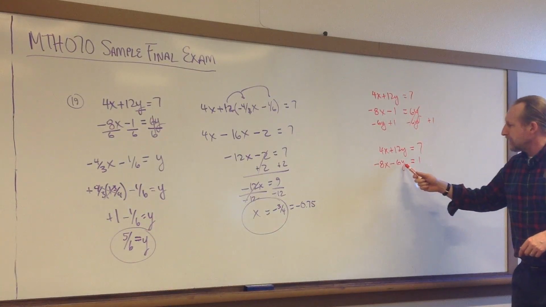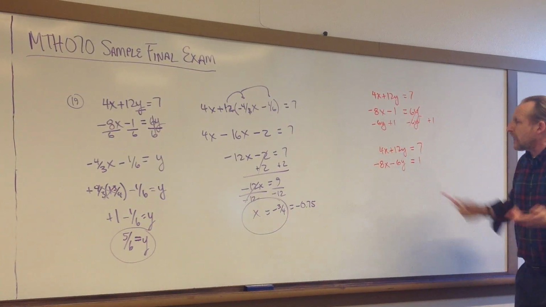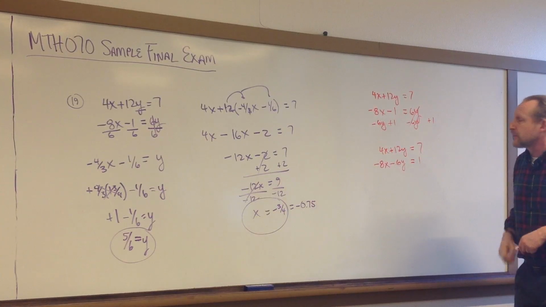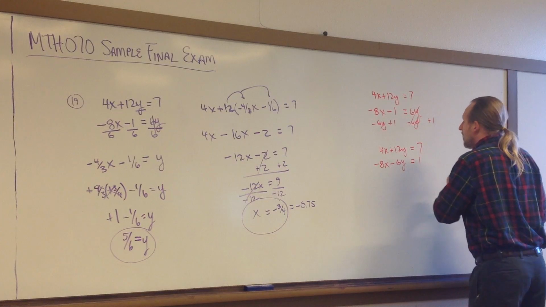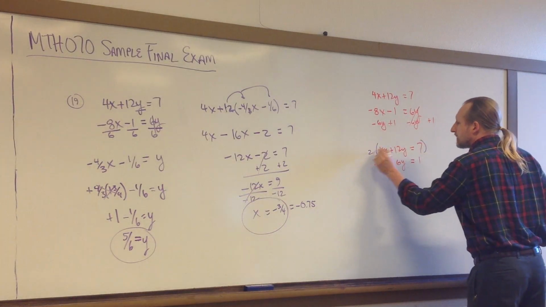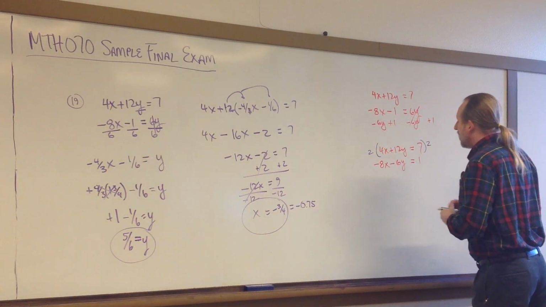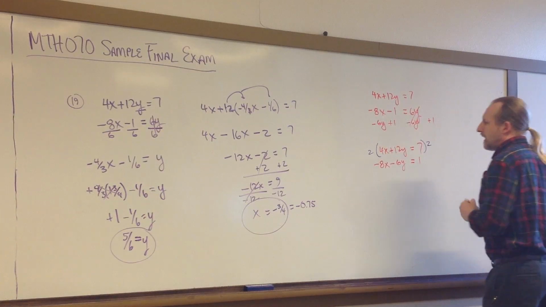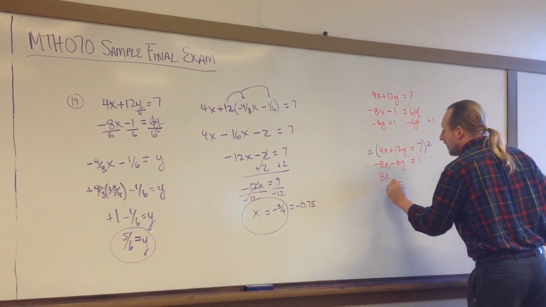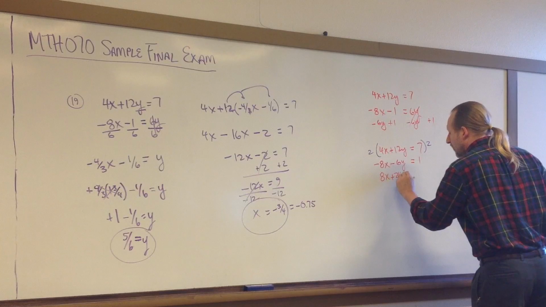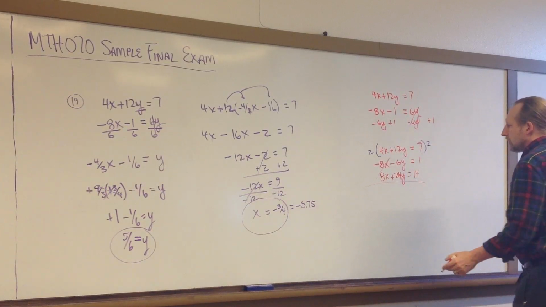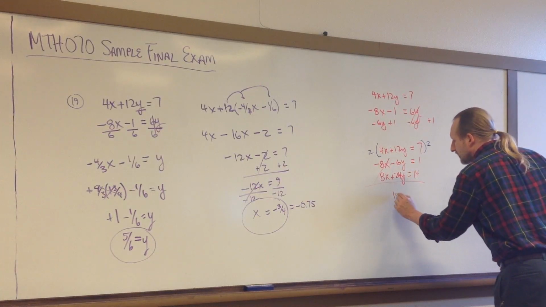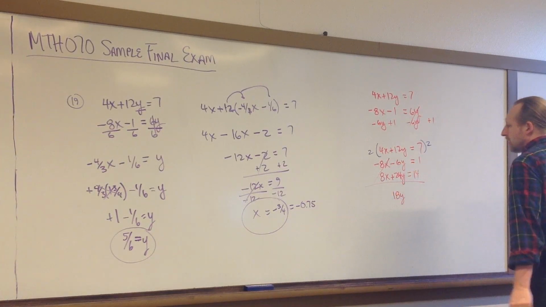We can multiply the bottom by 2 to cancel out the y's, or we can multiply the top by 2 to cancel out the x's. Doesn't matter. I'm going to multiply the top by 2 and then work to cancel out the x's. So that'll make this positive 8x plus 24y equals 14. These cancel. This makes, what is this, 18y?